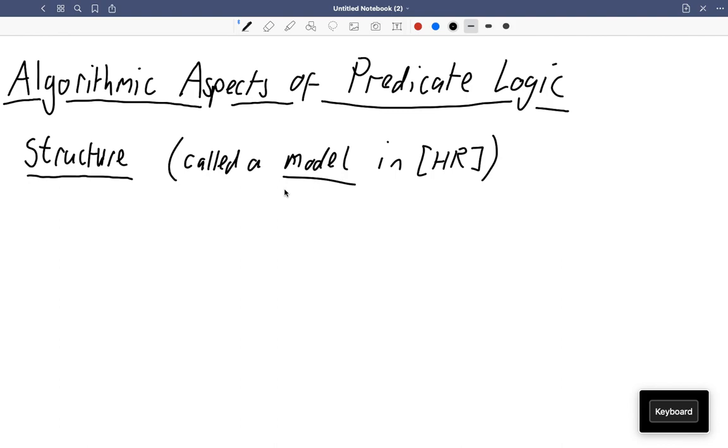So a structure, so what it is, what a structure is depends on the signature we're working with. So you will remember from last week that in order to build the language of formulas we need a signature, and the signature gave us the collection of predicate symbols and the collection of function symbols that we use to build terms and formulas.